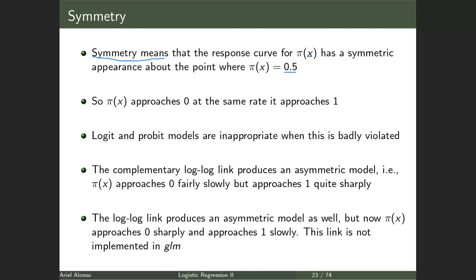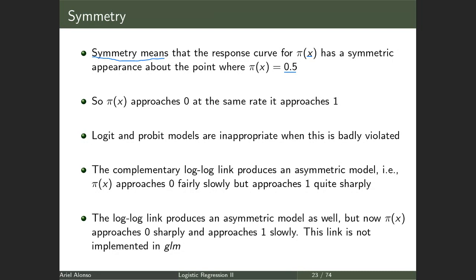If the dose goes to 0, you're not giving anything to the mice, you expect the probability of getting sick to go to 0. Well, if you use a symmetric model like the logistic or the probit model, the speed at which these functions go to 0 and 1 is the same. That's what I mean. They go to 1 and they go to 0 at the same speed.